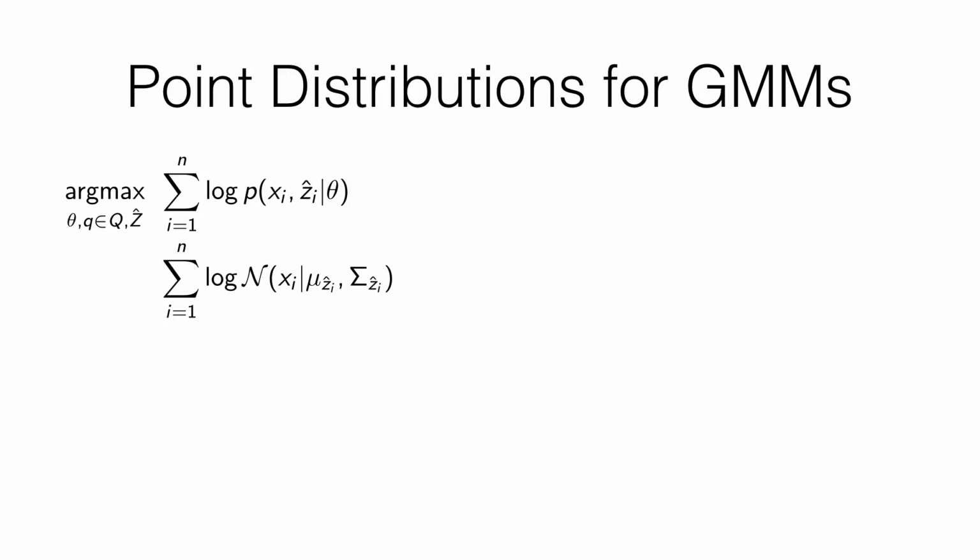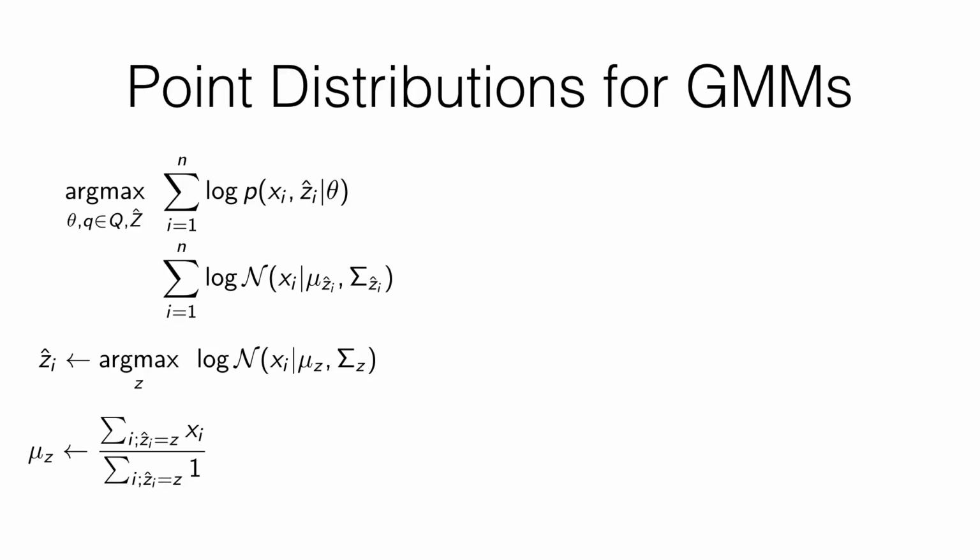And if you have this, then the update for z, the update to find the maximizing setting of the z variables, is just to pick the z that has the highest Gaussian likelihood. And then the update for the means is just to take all the points that have been assigned to this cluster, and take their average.